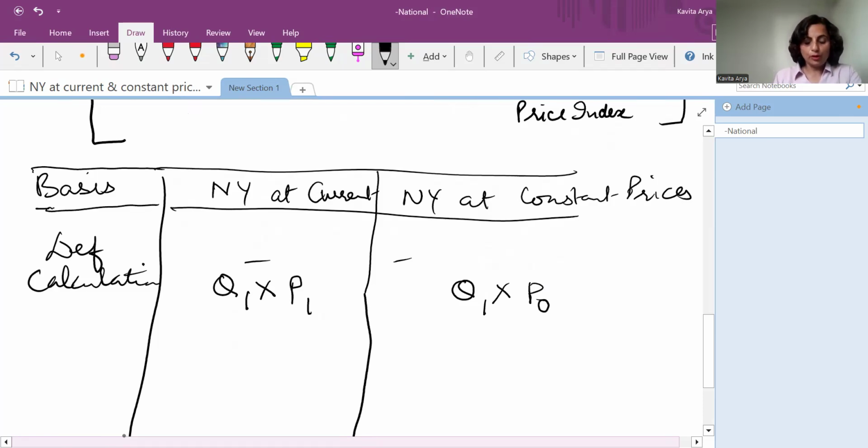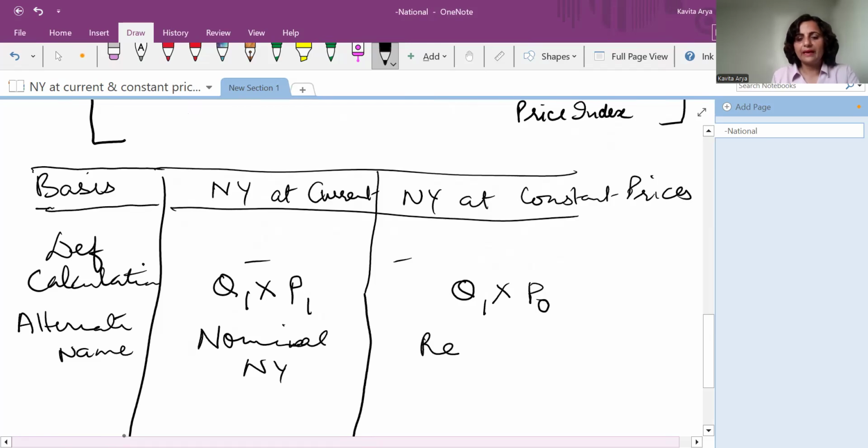Then the alternate name is also given. As we know, this is called nominal national income and this is called real national income. Right. Then we say the cause of change as the next point. So how does this national income change?